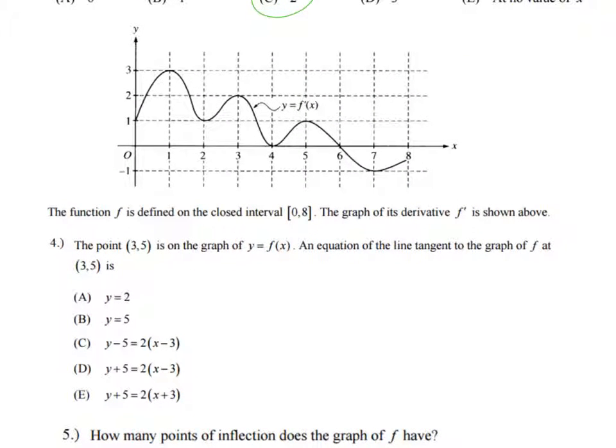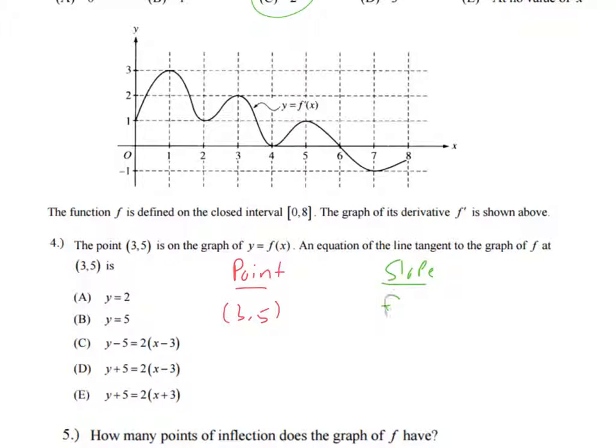Alright, questions 4, 5, and 6 all deal with the same picture. And let's just be careful because we are, in this case, looking at a picture of the derivative. If we want to write the equation of a line, we need a point and a slope. The point that we have is 3, 5. The slope, if we're looking at a picture of the derivative, what is f prime of 3?